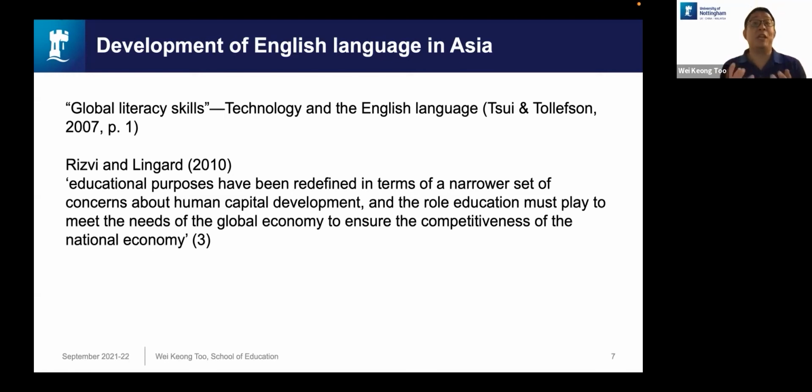So because of the changing role of education, the definitions have become narrow when we look at global citizens and global literacy skill. And when you talk about these 2 points, you need to bring in language. So therefore, English language has become the first choice or the most popular foreign language across the world, not only in Asia.